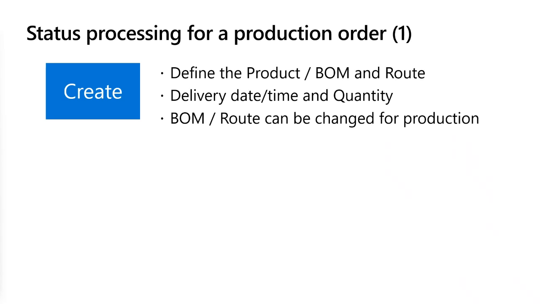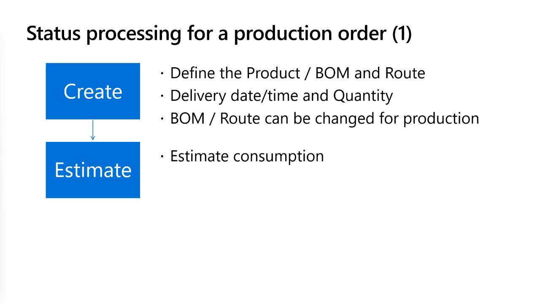Afterwards, the bill of material and the route are copied to the production order, so the bill of material and route can be changed for this specific production order. Next, the production order is estimated.